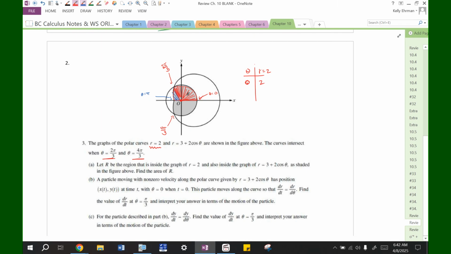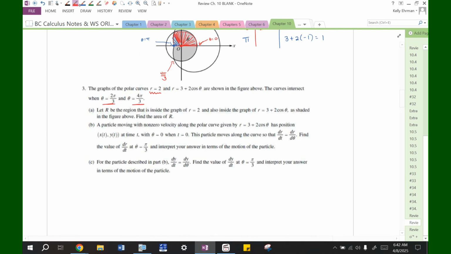And then for the, I always forget, is it cardioid or cardoid? I don't know. Anyway, for this equation, I want to plug pi in, and that would come out 3 plus 2 times -1. So 3 minus 2 is 1. So we would face pi and go forward 1. So yes, this point on the 3 plus 2 cosine theta curve is sitting at pi.